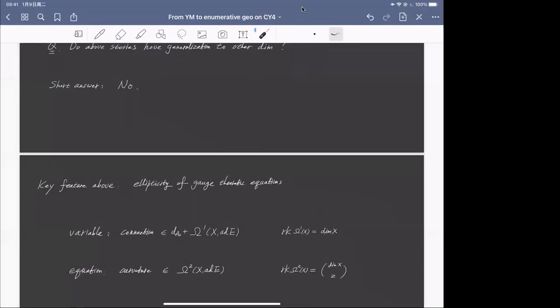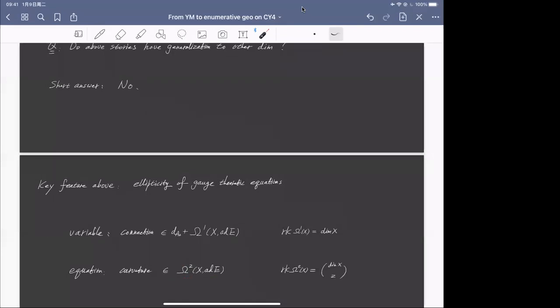So let's do just a naive dimension count as before on general dimensional manifolds. The number of variables is the connection, so now it's a model on the space of bundle valued one forms. The number of equations is the curvature, which is bundle valued two forms.